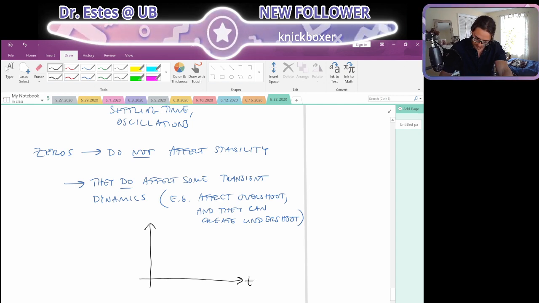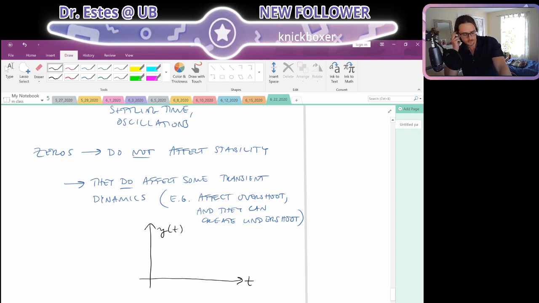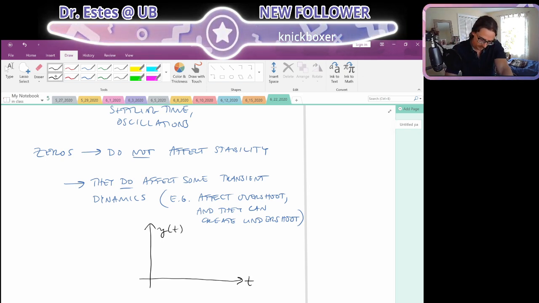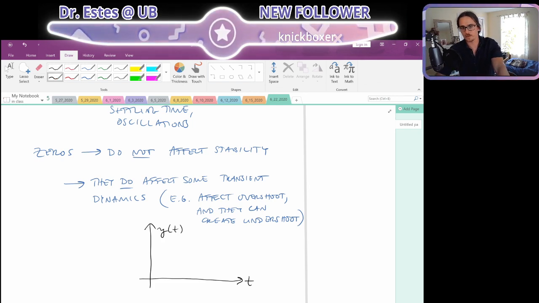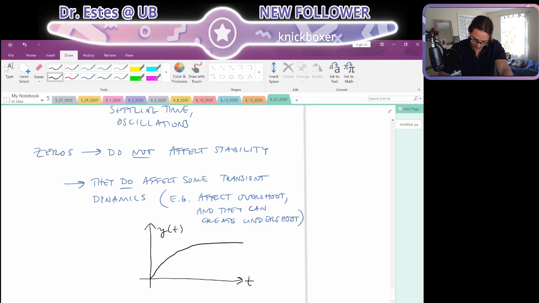Let's say I have time, and then I have some output that's a function of time. So if you have a first order system and you give a step input, it looks something like this.